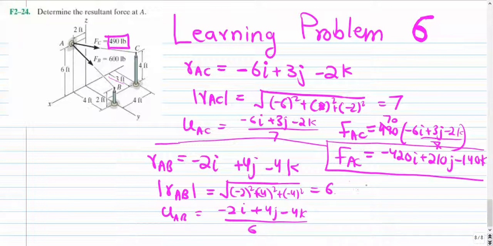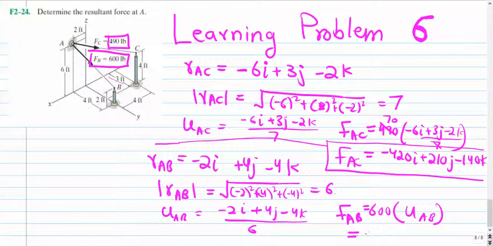Now that we have our unit vector, we can solve for the force vector from A to B by multiplying the unit vector from A to B with the magnitude of the force, which is 600 pounds. So 600 times the unit vector. I'm just going to write this symbol instead of the actual value because I'm short on space.